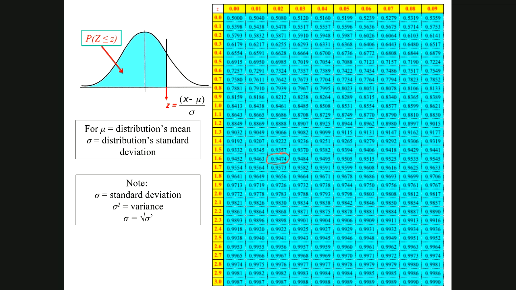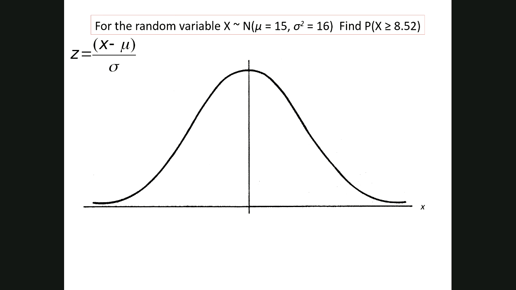That's the probability that corresponds. And so what that means is that the probability that is less than positive 1.62, that probability is 0.9474.